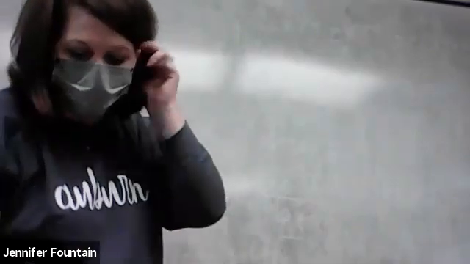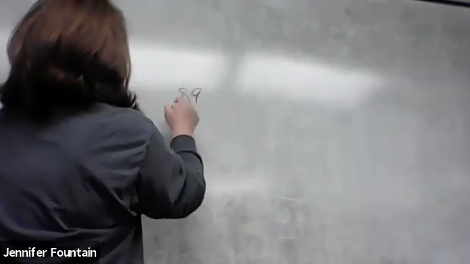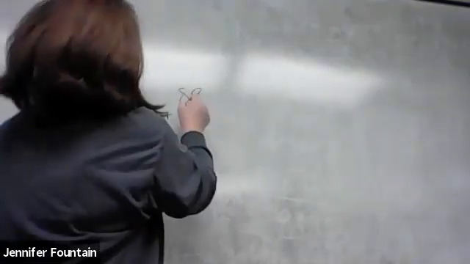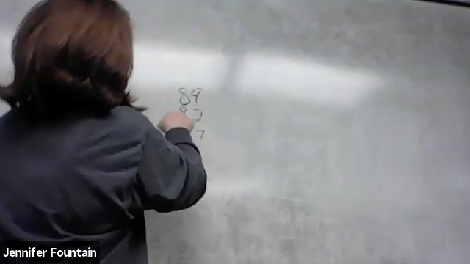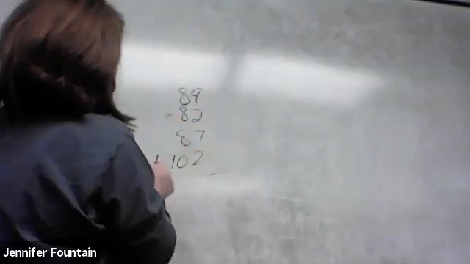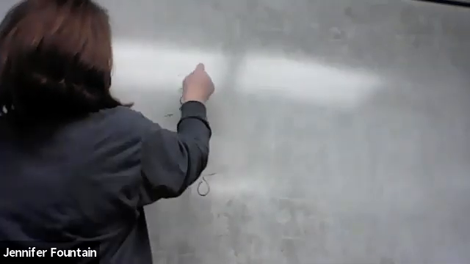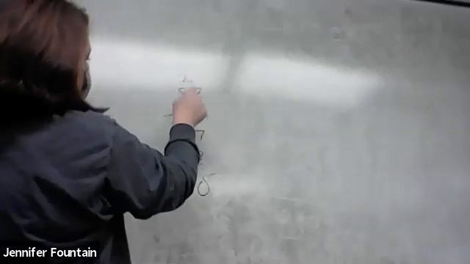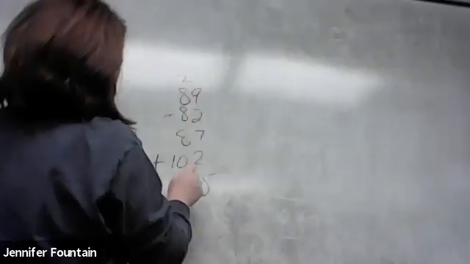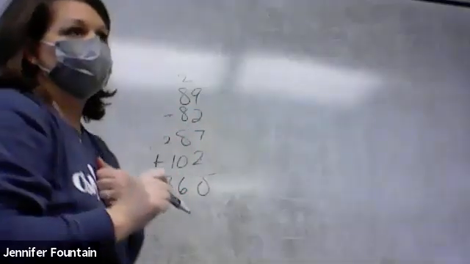So going along with this, what is my top right angle measure of my second figure? 102. What do I know that in a quadrilateral, all the angle measures are going to equal? 360. So I've got to figure out, is 102 the number of my missing angle in the first one? So if I have 89 plus 82, 87, and then 102, 9, 10, 11, plus 7 is 18, 19, 20, put down my 0, carry my 2. 8 and 2 is 10, 10 and 8 is 18, 18 and 8 is 26, put down my 6, carry my 2, and I've got 360.